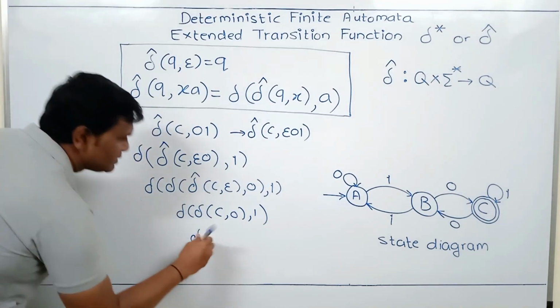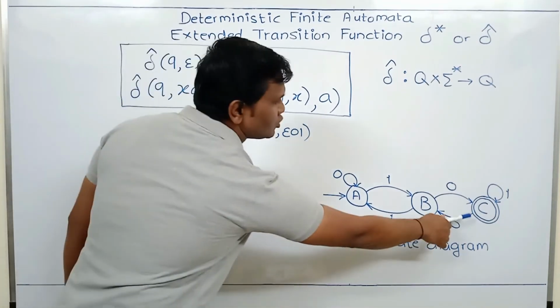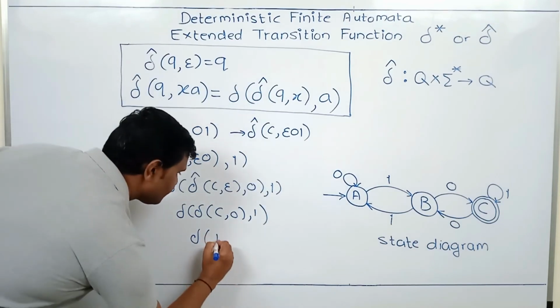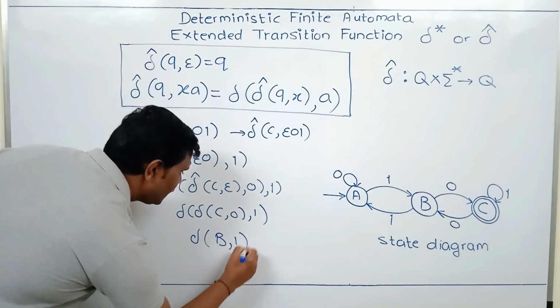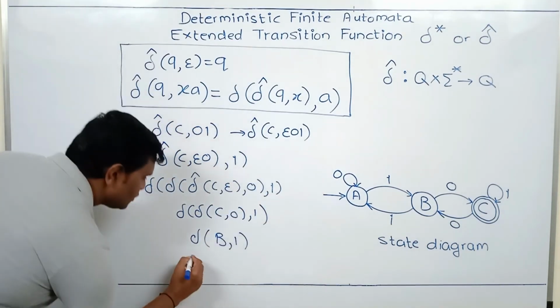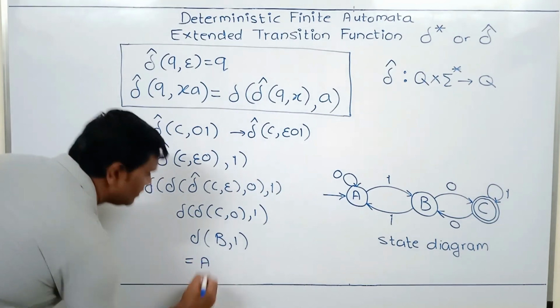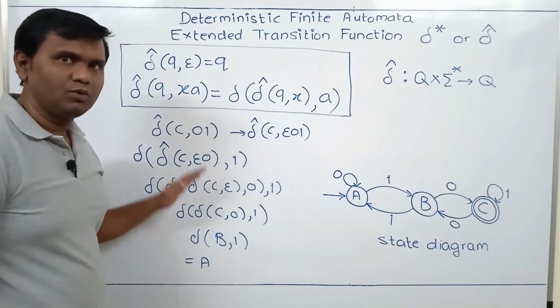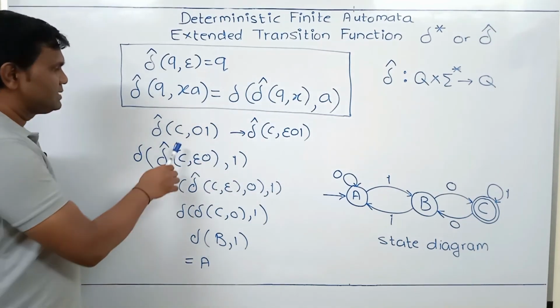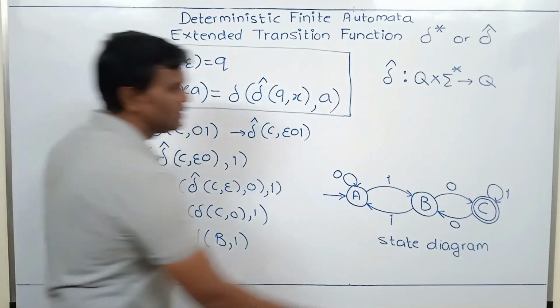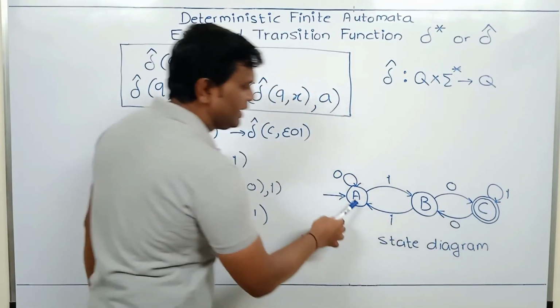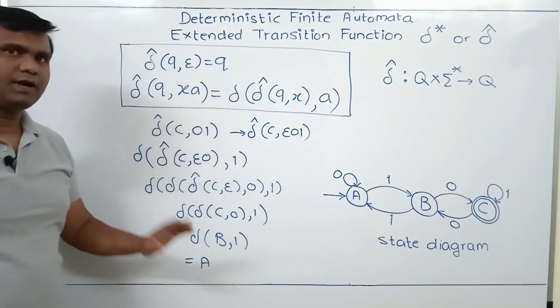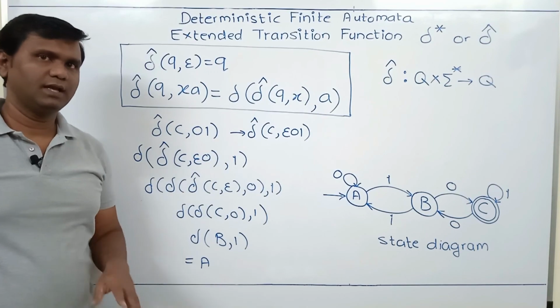Now C on 0 goes to B. B on 1 goes to A. But in the exam you don't have to do all these things. You simply see C on 01, it gives A. If you find this complicated, you can ignore this part.